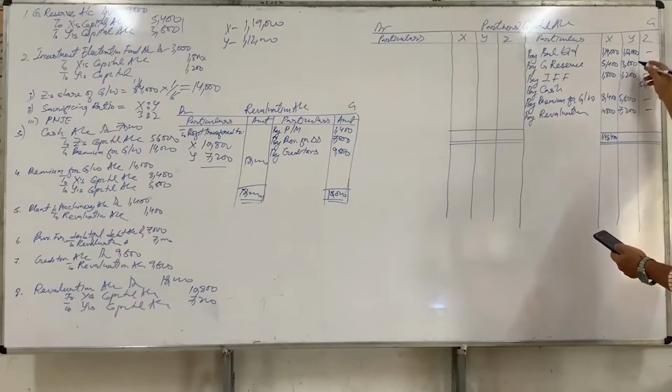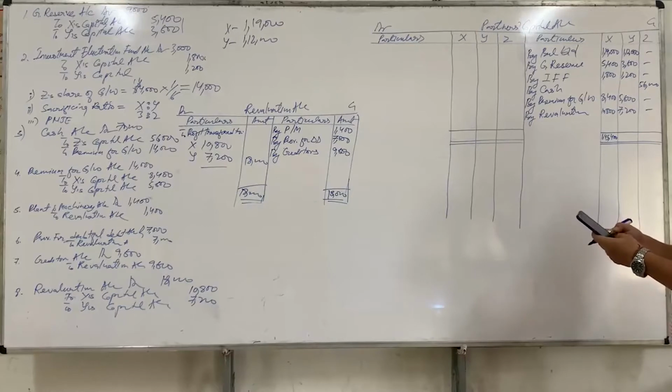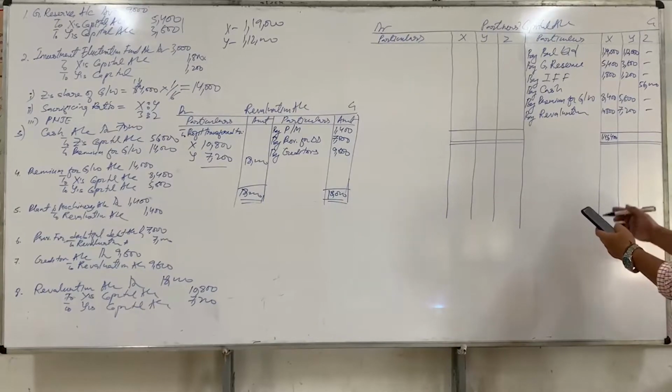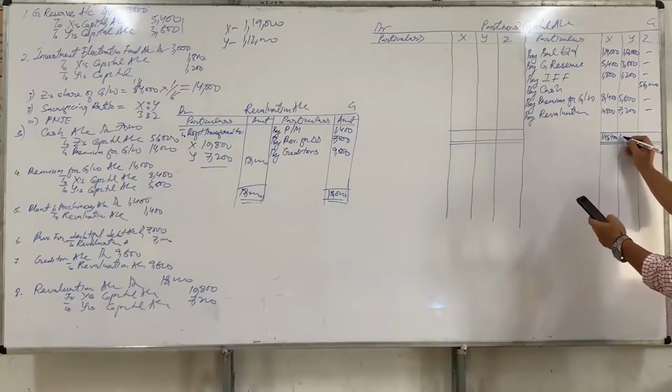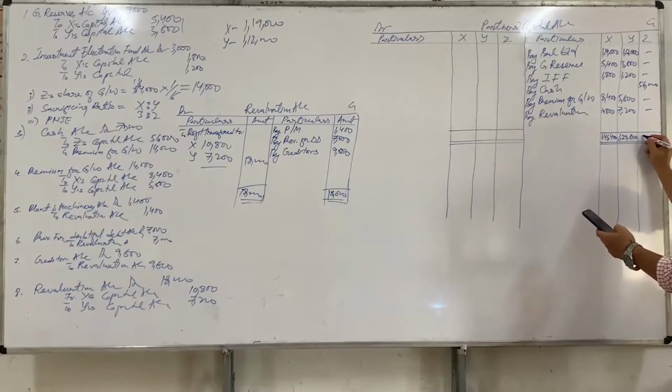Now we add up Y's capital: 1,12,000 plus 3,600 plus 1,200 plus 5,600 plus 7,200, and the total is 1,29,600. And the total of Z is 56,000.